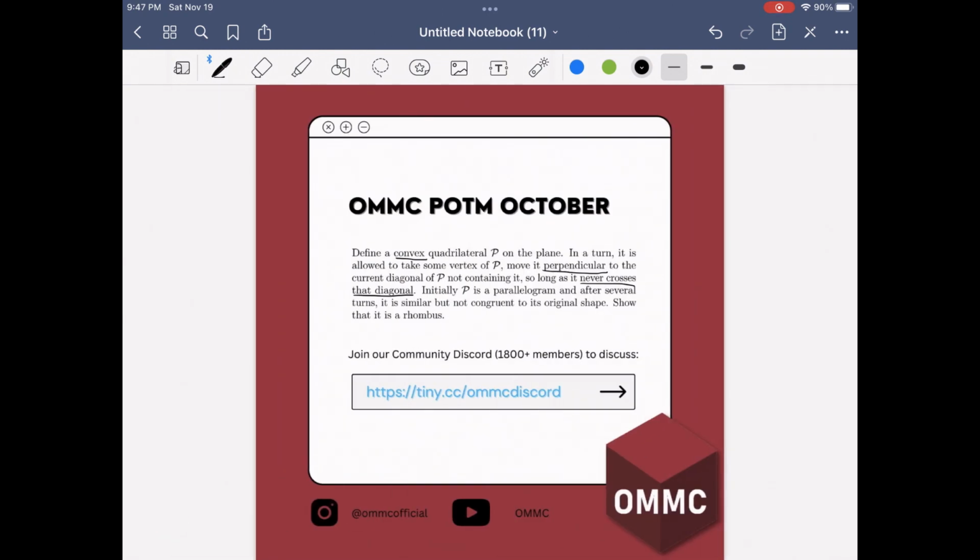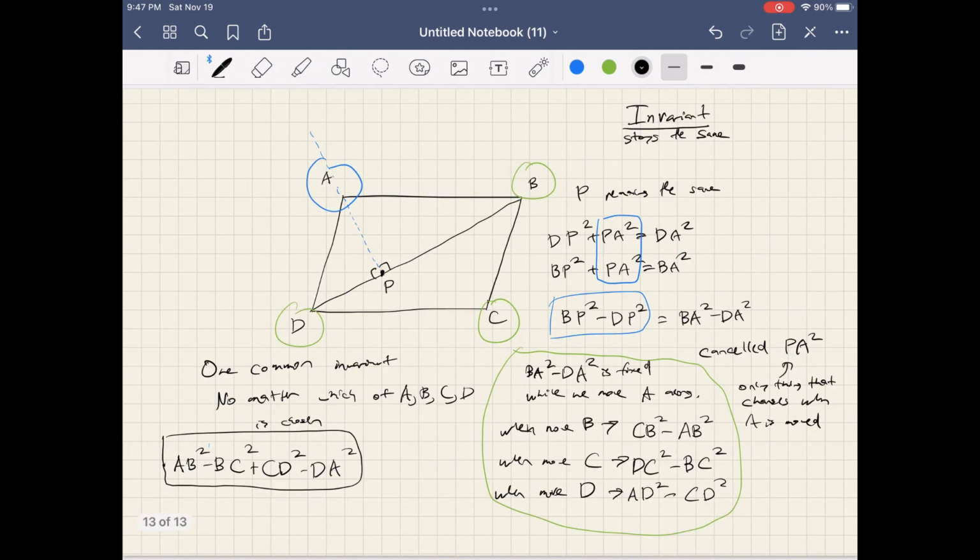So initially, P is a parallelogram, and after several turns, it is similar but not congruent to its original shape. So let's say that P is not a rhombus, for instance. Let's say, without loss of generality, that AB is bigger than BC, all right?